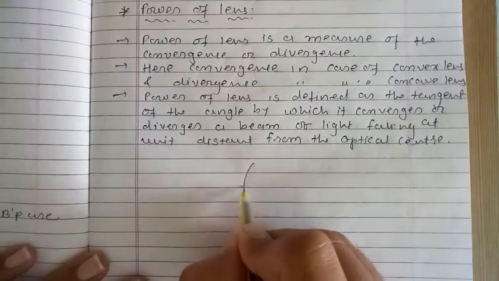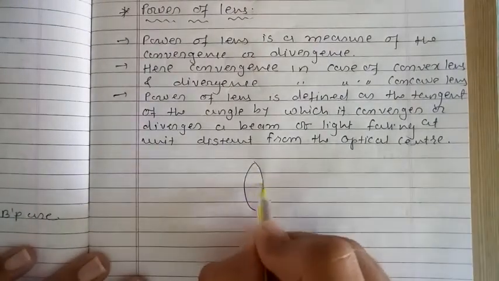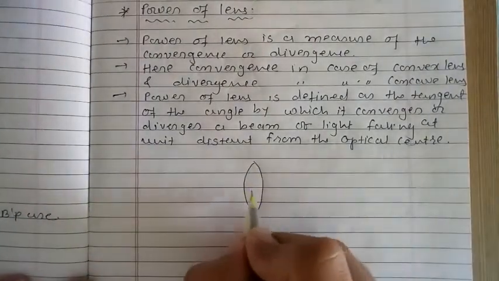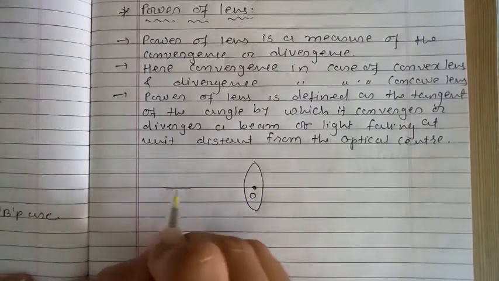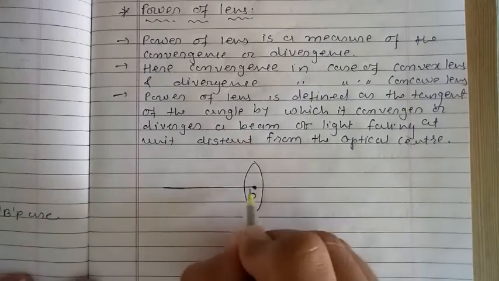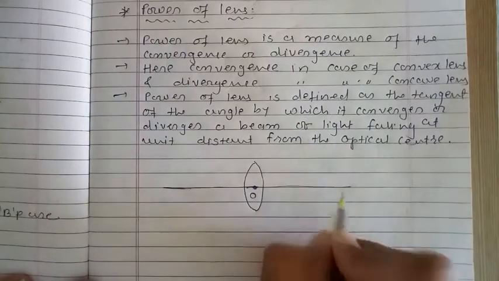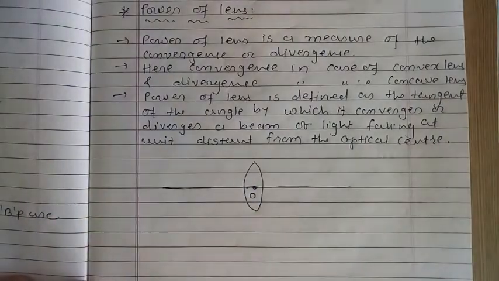So friends, this is our convex lens. Here this is optical center O, and this is the principal axis.